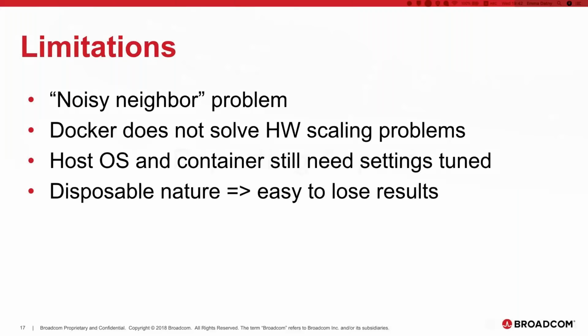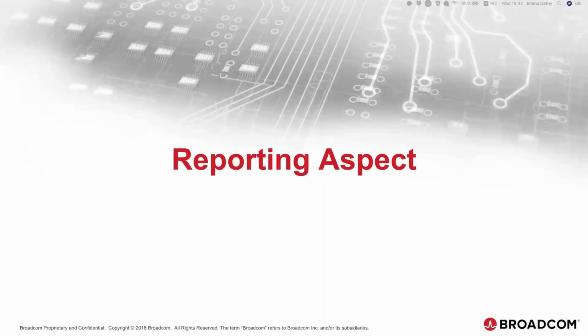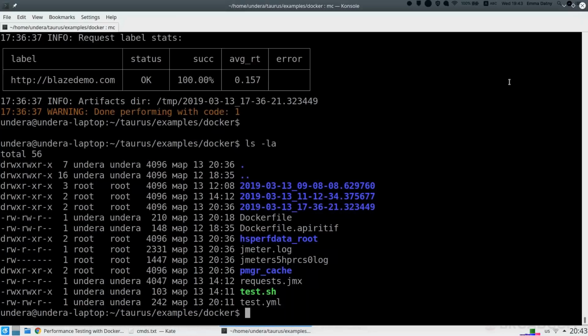The reporting aspect. From everything we saw until now, the things were happening inside the Docker container, but we usually do not consume results only in the textual form of these kinds of reports. We want something interactive and nicely looking.